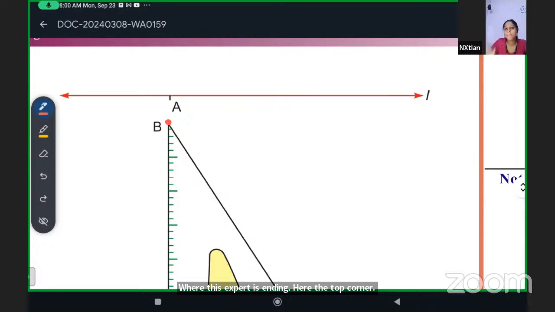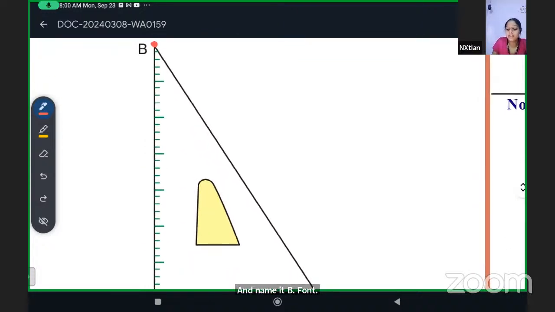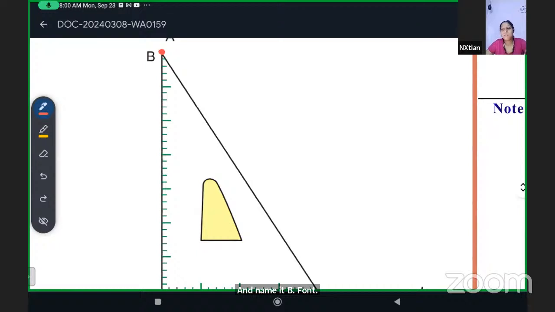Point B. Now, last step, join A and B points.